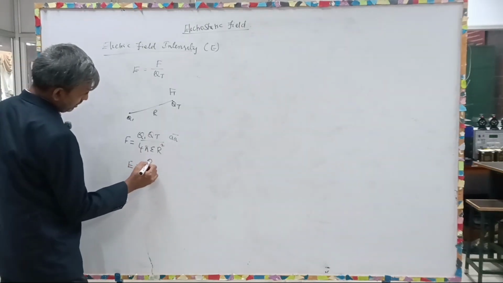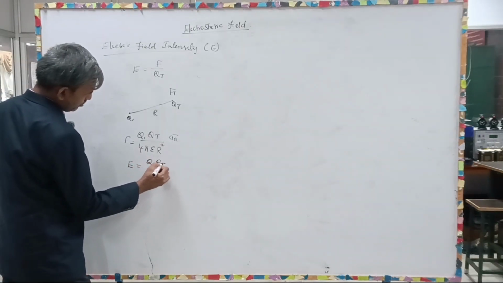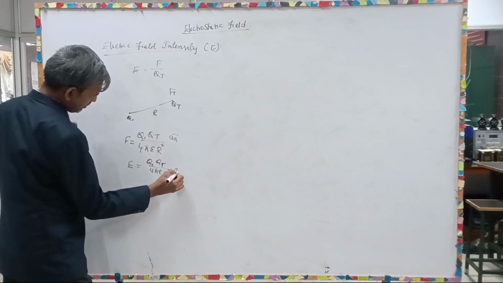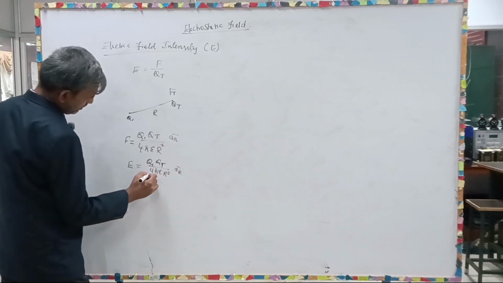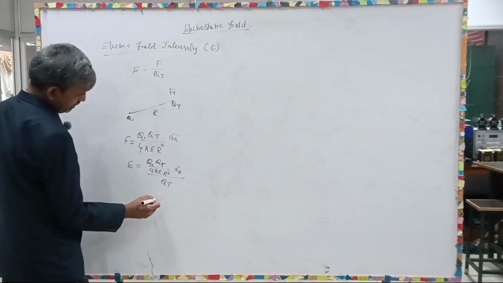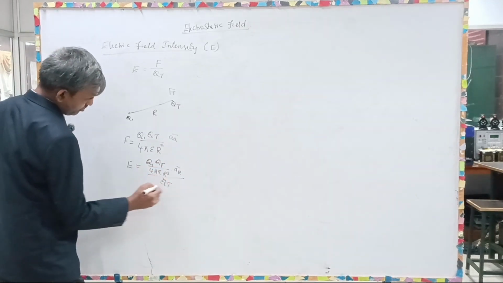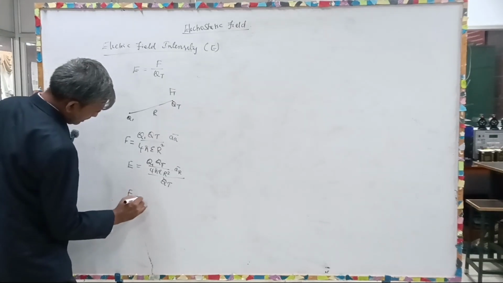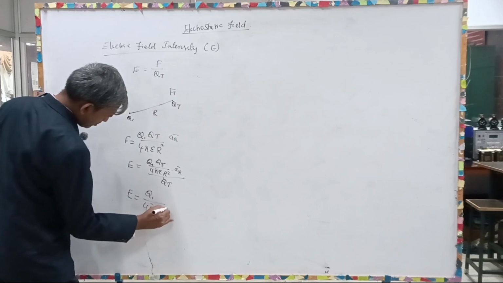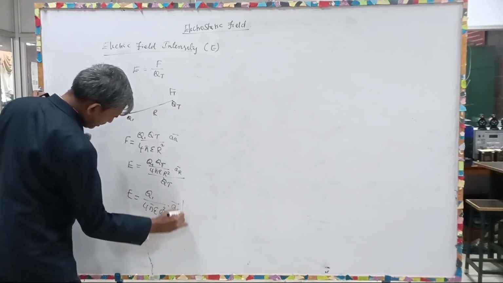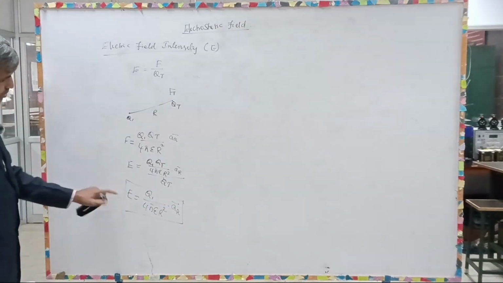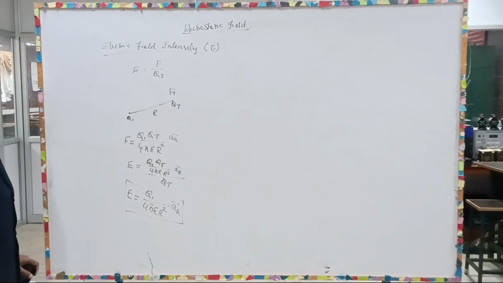The force is Q1 Qt divided by 4 pi epsilon into R square along the unit vector AR, divided by Qt. Now these two will be cancelled. So the remaining is Q1 divided by 4 pi epsilon into R square along the unit vector AR. So this is the electric field intensity.